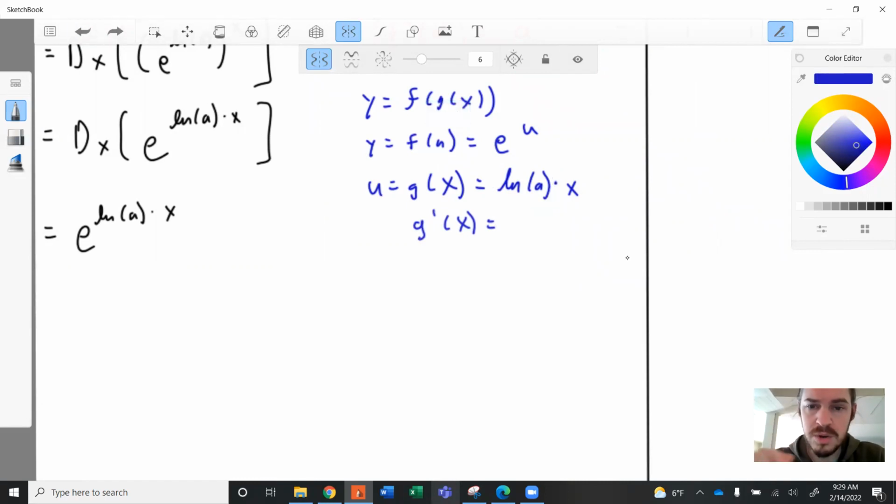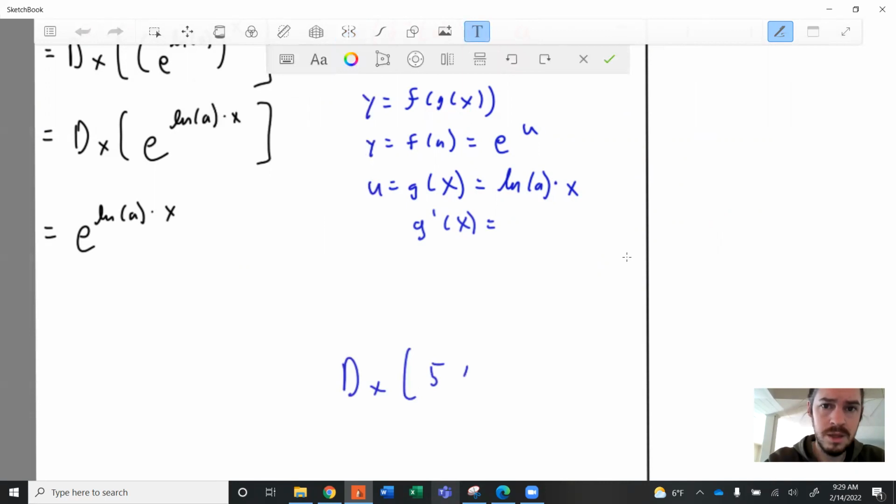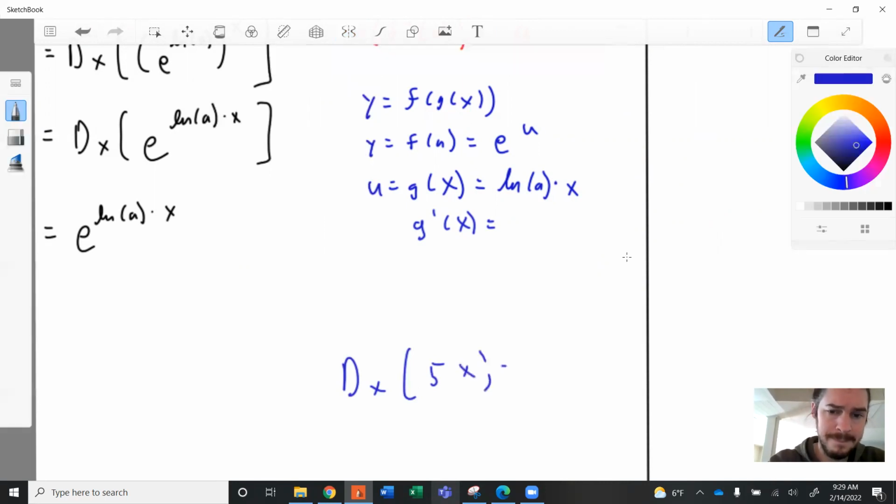So this is no different than, for example, taking the derivative of 5x. You would just get 5, right? So it's really no different than that. So I'm going to say this is the natural log of a, just a constant multiple of x, so its derivative is a constant multiple times 1. Done.